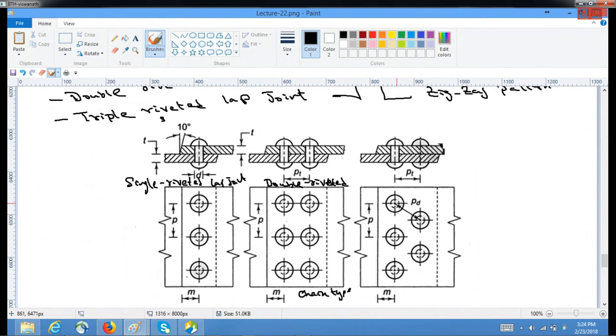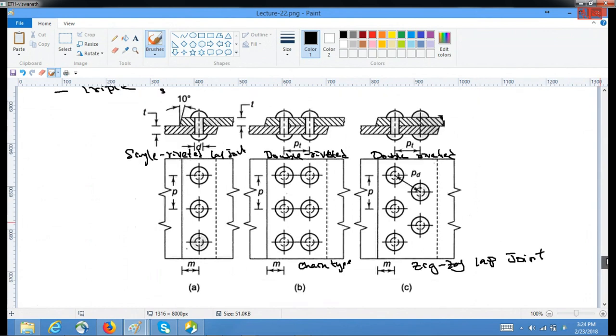There is some zigzag order, and hence this is called zigzag, but it still falls under double riveted zigzag lap joint. So there are certain terminologies one has to understand when dealing with riveting joints.